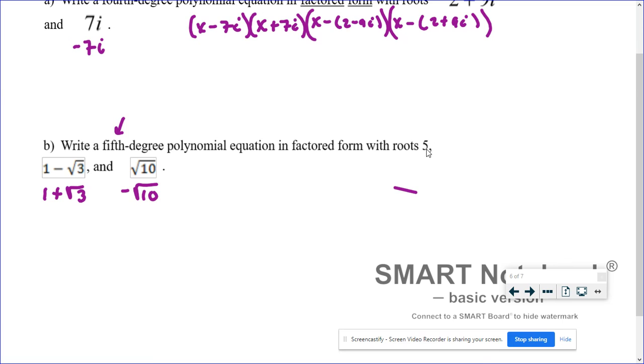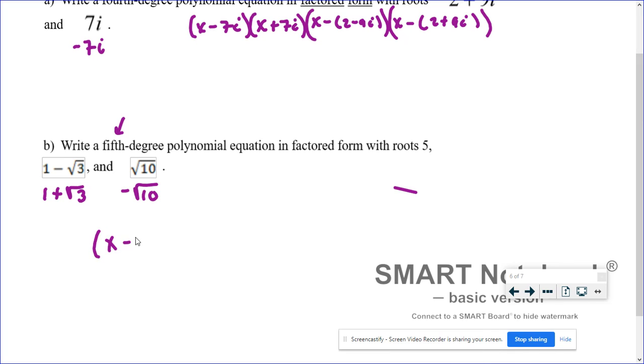But there is no theorem for a rational number like this. So there is no conjugate of 5, there is no additional root. So negative 5 is not a root because 5 is. This is a fifth degree polynomial, and that's a clue that you're not getting an additional root out of that. So these are your 5 roots.